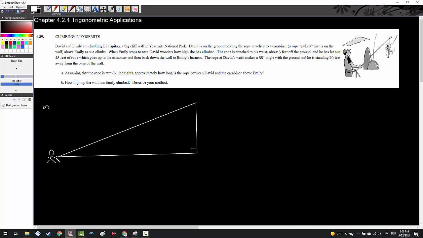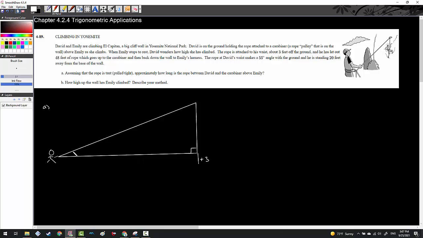The rope pulley is going out of David's waist right there. We also have to keep in mind that David is 3 feet off the ground. So whatever we have here, we're going to have to add 3 to that distance if we end up having to figure out how far off the ground Emily is, which looks like Part B is asking us to do.